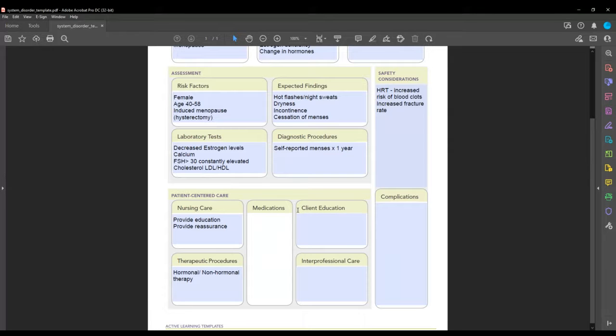So what about medications? Estrogen. So we can do hormone replacement therapy. Estradiol.